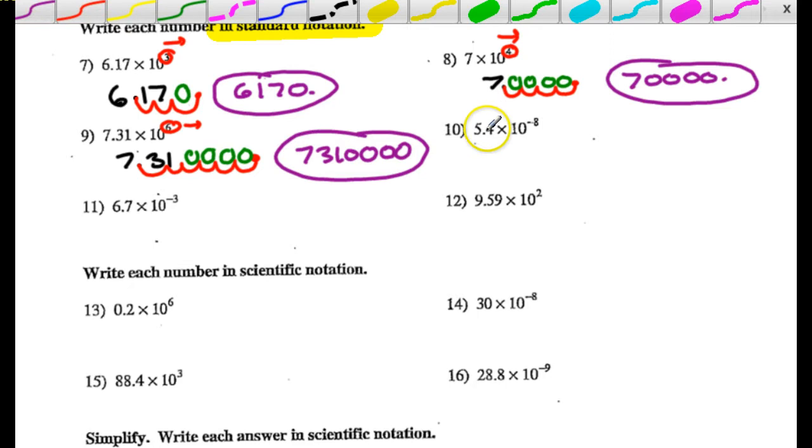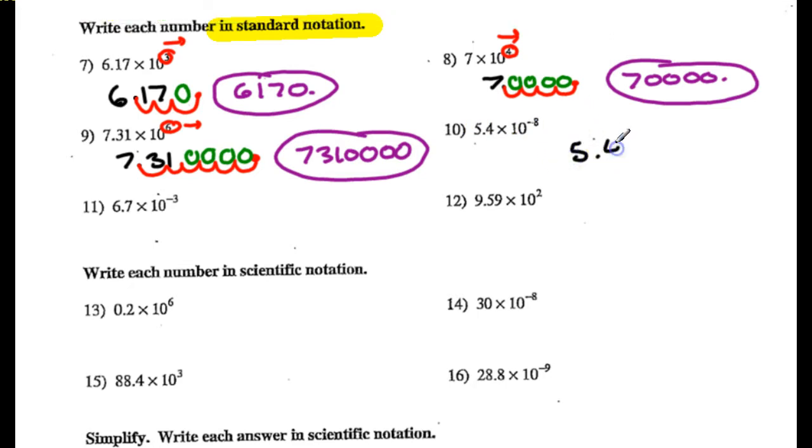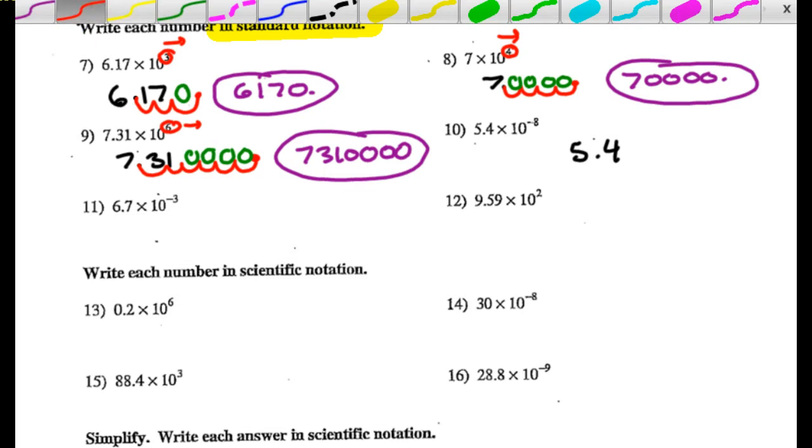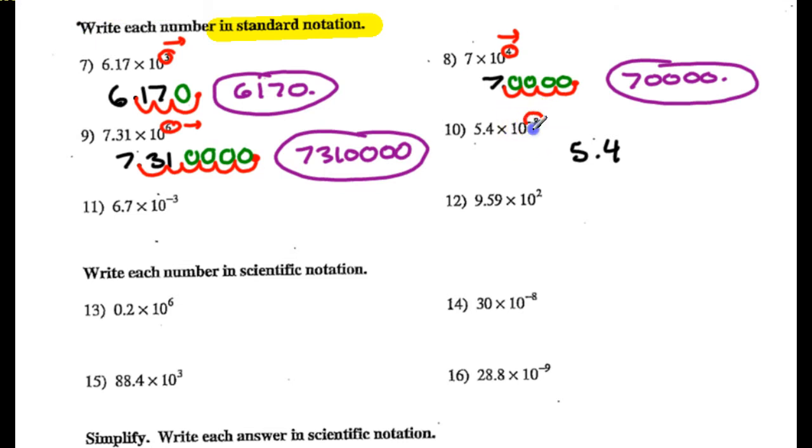Let's look at number 10. Now it's 5.4 times 10 to the negative 8. So let's put the first number down, 5.4. And then let's look at what we're going to do. Now our exponent says negative 8. So we're going to go 8 jumps to the left. So start on the decimal. 1, 2, 3, 4, 5, 6, 7, 8. Now the decimal's here. Let's go carefully fill in all of our empty jumps. 3, 4.